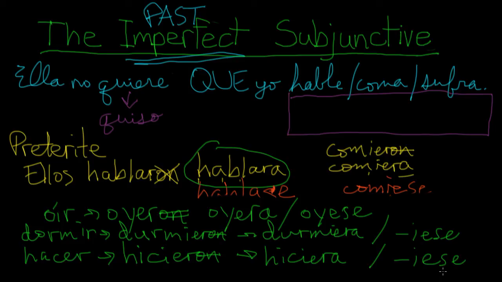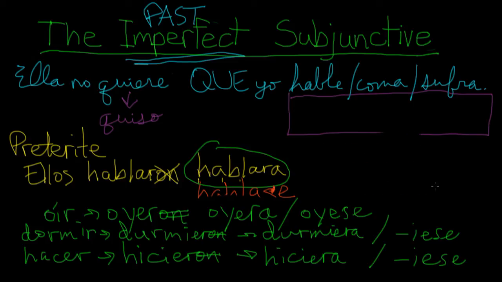Okay, one last thing. That is the verb haber in the present tense. Remember that, h-a-y? In the preterite, it was hubo, meaning there was.